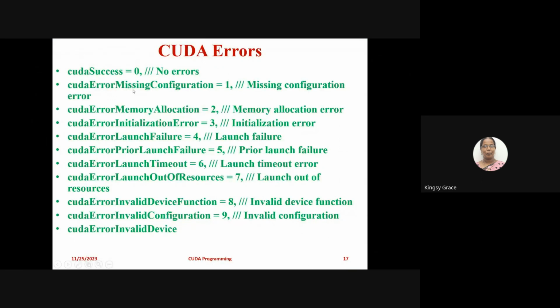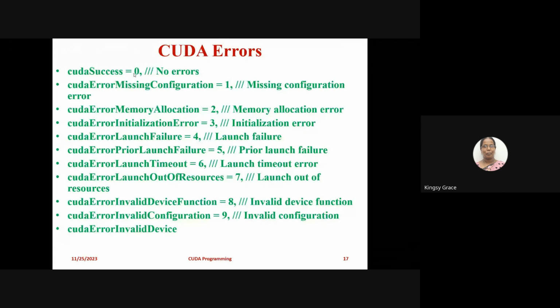Some other error statements available in CUDA: cudaSuccess equal to 0 means no error. After launching the kernel, you can check whether cudaSuccess is equal to 0 or not. If it is 0, there is no error in that particular program, whether it is memory referencing or something else.